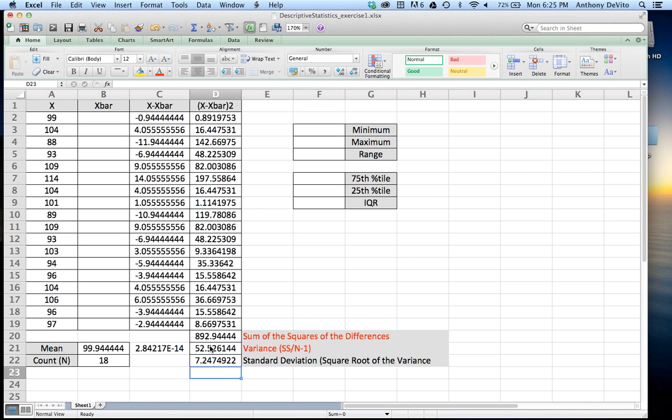That square root is our standard deviation. That's what we call SD or S very frequently. S squared is the variance, S is the standard deviation, and sometimes you see SS for the sum of the squares of the differences. Those are important variables. I'm going to highlight that one especially, because it's particularly important, and I'm going to illustrate in a moment why.